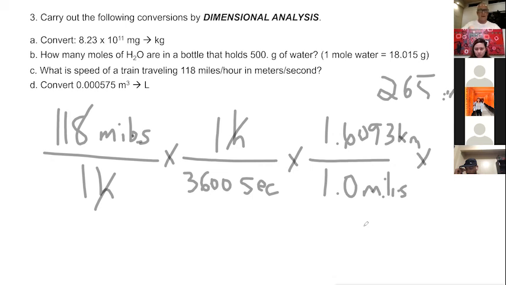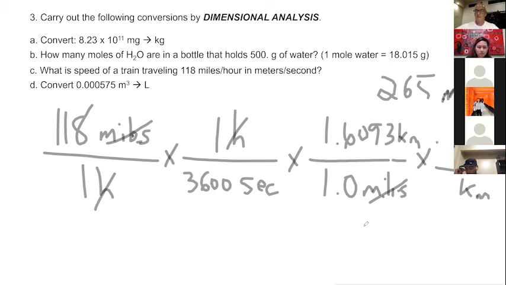Now we need to get rid of our miles. So there's miles. And so what we've got now is kilometers per second. We're really close. The only thing we need to do now is get rid of kilometers. So we're going to put kilometers on the bottom because the question is meters per second, and I'm going to put meters on top. So how many meters in a kilometer? 1,000 meters.